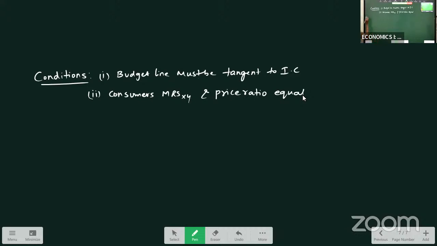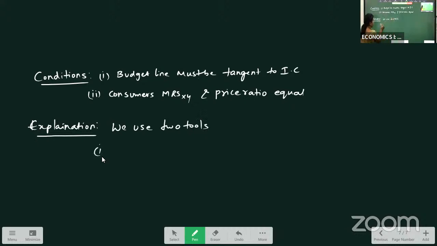Okay, now to explain this law, we are using two tools. Okay, so here when I'm doing the explanation of the law, to explain this consumer equilibrium, we use two tools. What are the two tools we are using here?